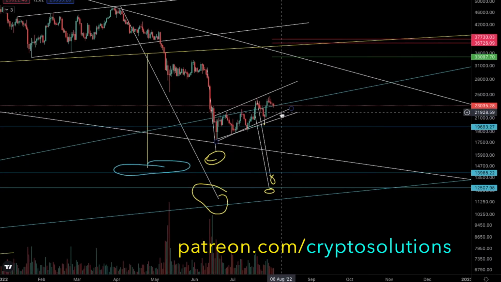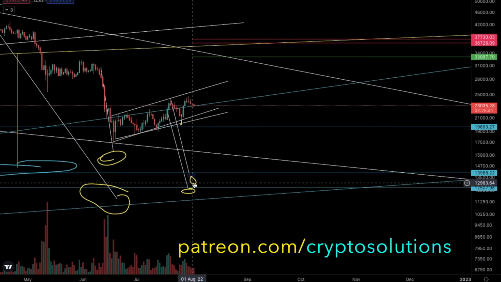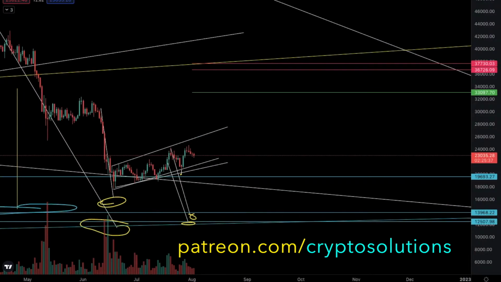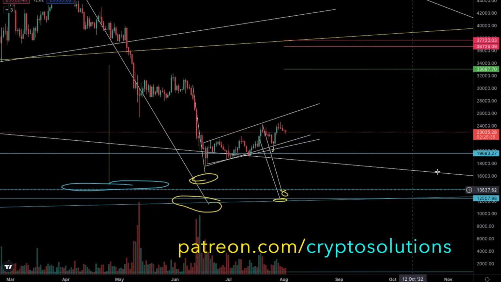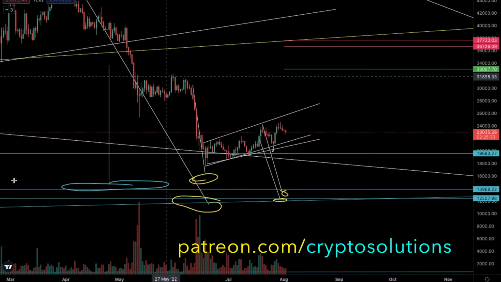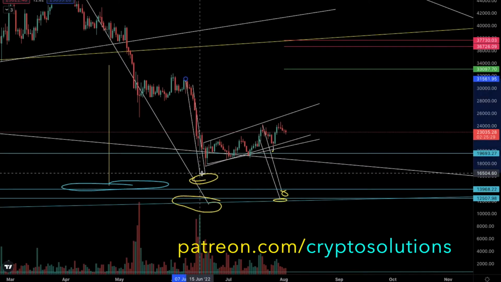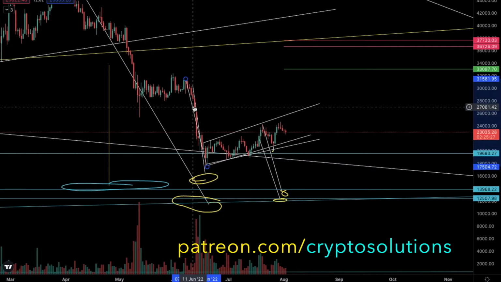So using this, that would be the price on the logarithmic scale. And using the linear scale, this will be the price target, from here to here, which is here.